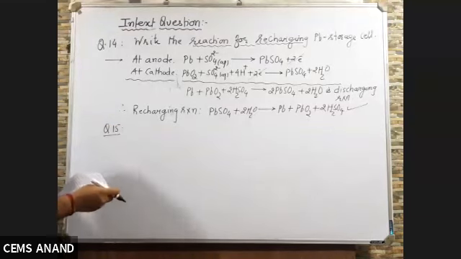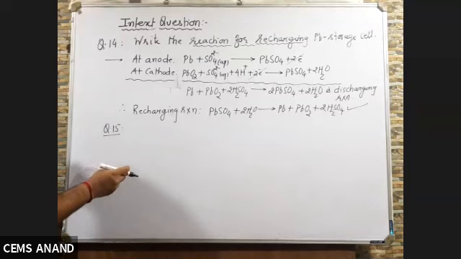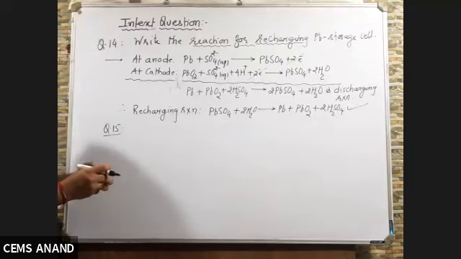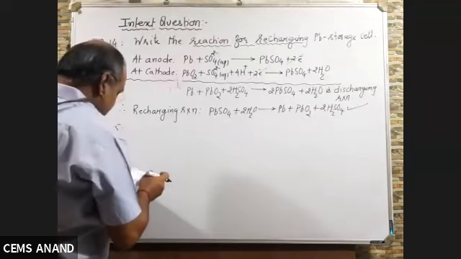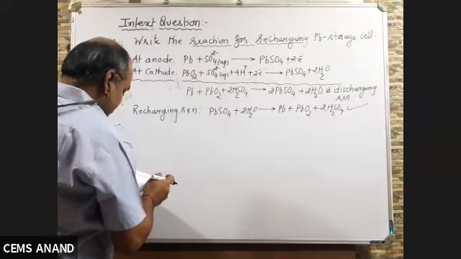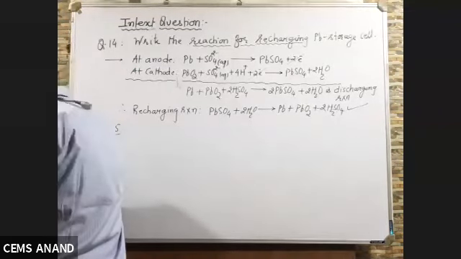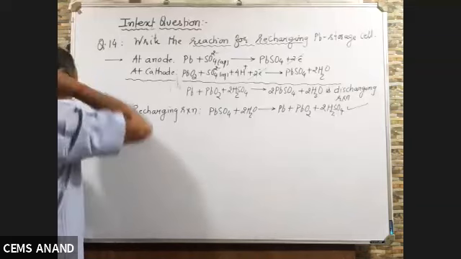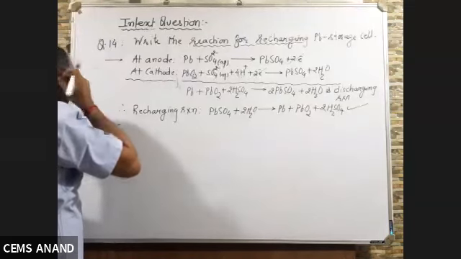It was also left. Explain how rusting of iron is envisaged as setting up an electrochemical cell. So question 15 is related to rusting of iron.